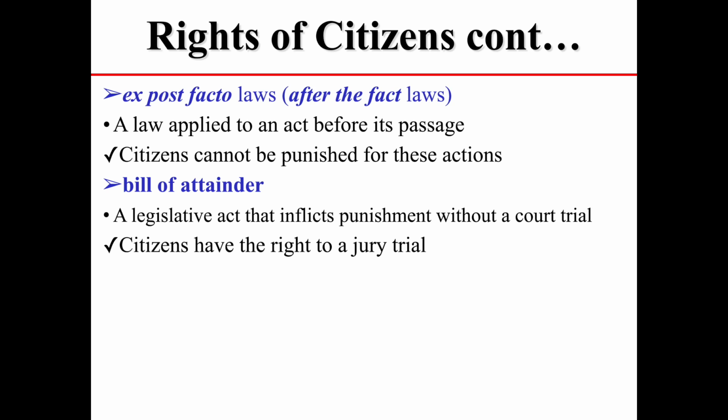In our country, we have the right to a jury trial. In other words, the guilty verdict can come from a judge, but we have the right to a trial by jury, and the jury is your peers, the people that live around you. They're the ones that can declare your guilt.